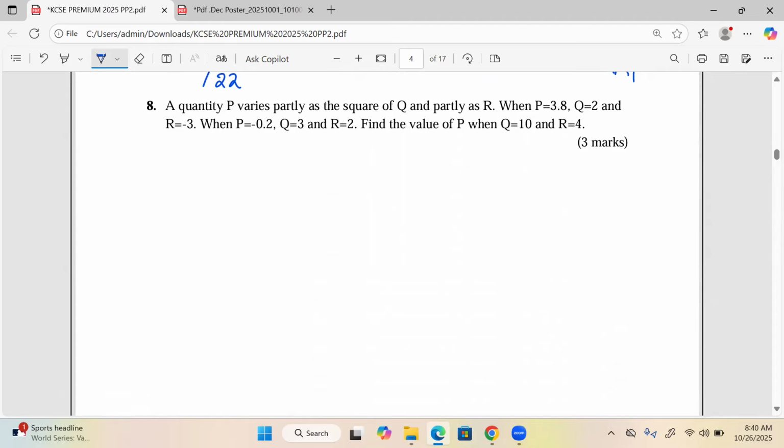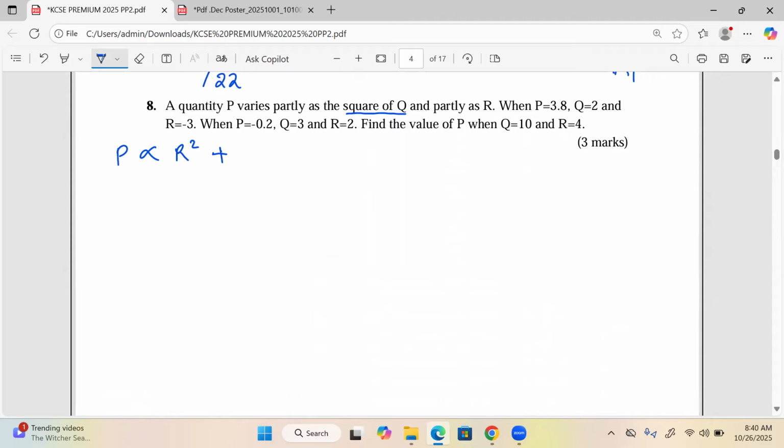The first thing that we're supposed to do here is write a general expression connecting P, Q, and R this way. P is varying partly as the square of Q. Look at that, square of Q. Some other times a student will see the word square, but they'll end up expressing square root. It's good for you to underline the key terms as you continue working out.